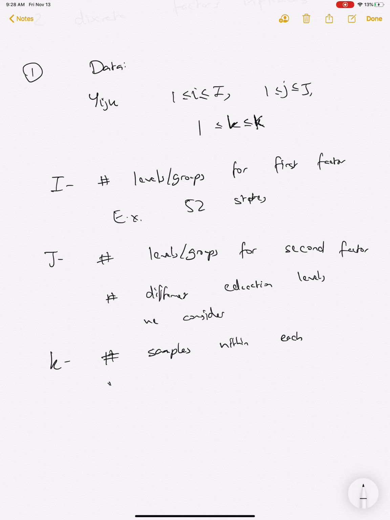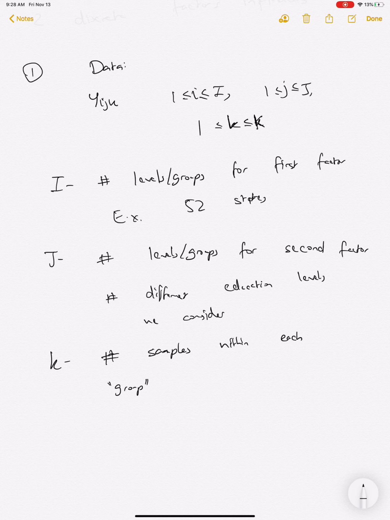group. So a group here means that you look at a particular state and an education level. So you might be talking about, for example, if you look purely at Wisconsin and people who have a college degree from Wisconsin, that's what I mean by a group, and the number of people that you look at from that particular group.